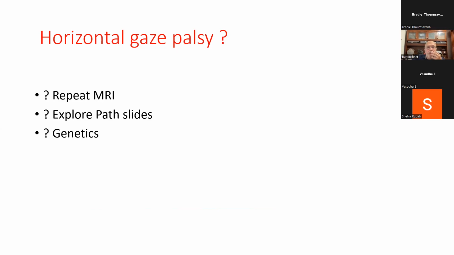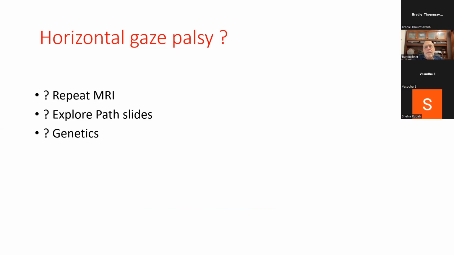Genetics, why I threw that in there is I have 2 sets of patients with horizontal gaze palsy. One is a girl who had presented by, I think, 6 months of age, and her MRI showed changes in the brain, in keeping with what's known as horizontal gaze palsy with progressive scoliosis.